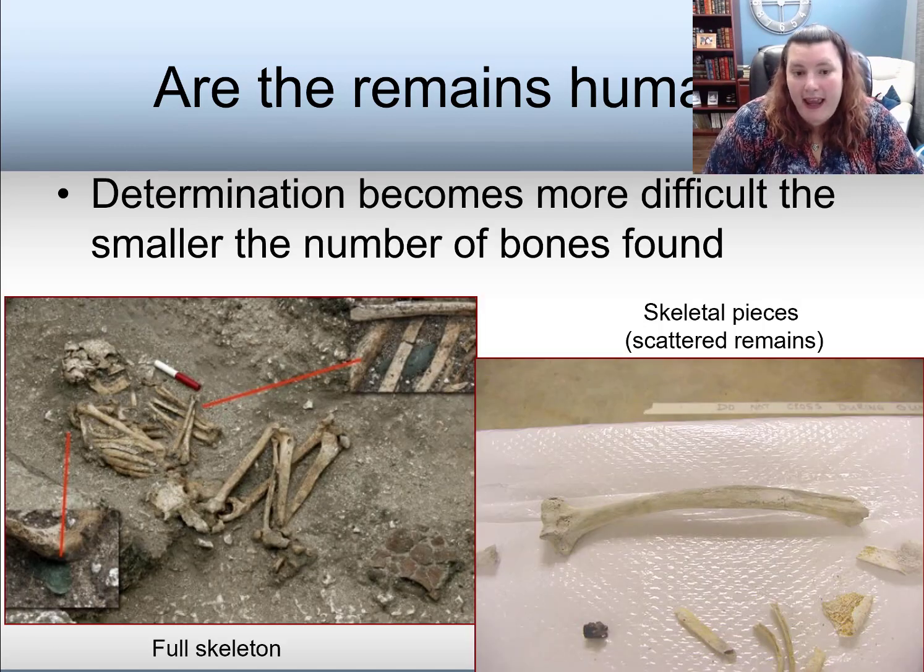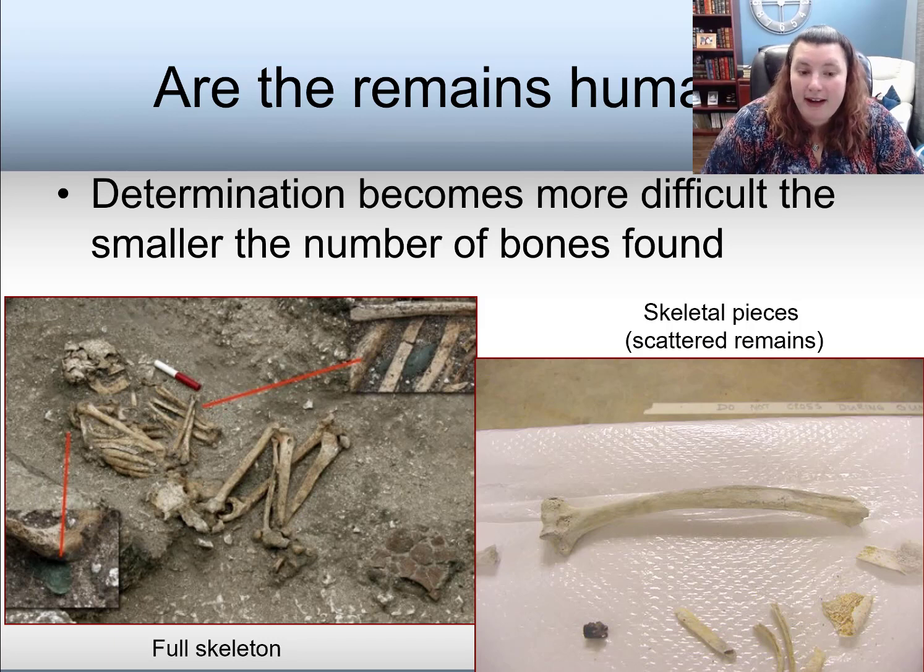Now, having a full hand, a forensic anthropologist's training will definitely help them differentiate between mammalian bones and human bones. But oftentimes, forensic anthropologists won't be given a full hand. Instead, they may be given pieces or even a single bone. Differentiating between human and animal bones becomes increasingly more difficult as the number of bones becomes smaller.